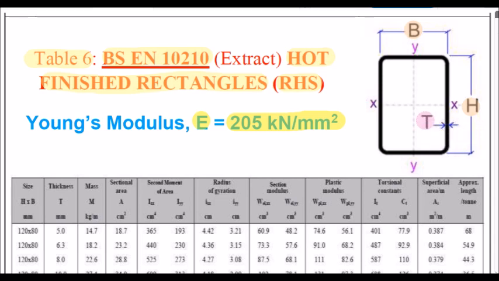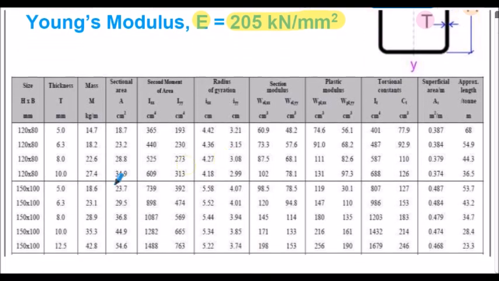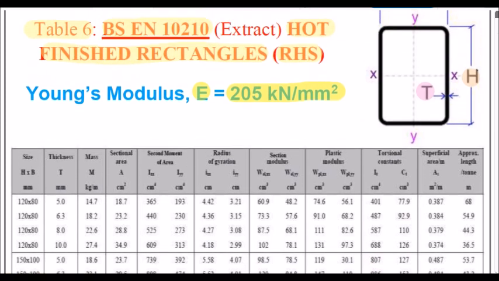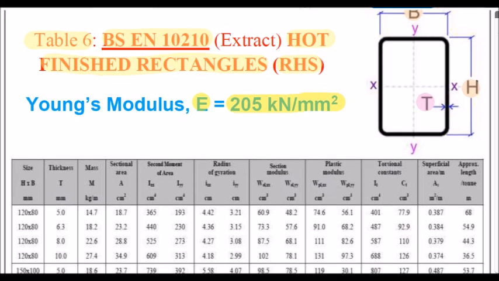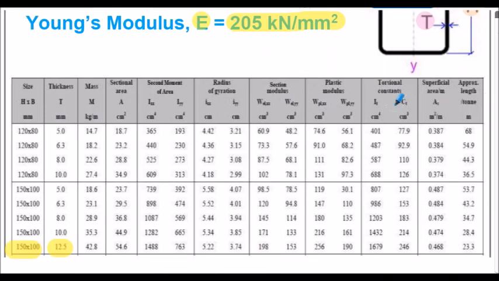In example 3, we're asked to use the section denoted here of 150 by 100 by 12.5 millimeters wall thickness. So we need to extract the appropriate information for the section. But notice in this question we'll be bending about the XX and the YY axis, so we will need the section modulus about the XX and the YY axis.